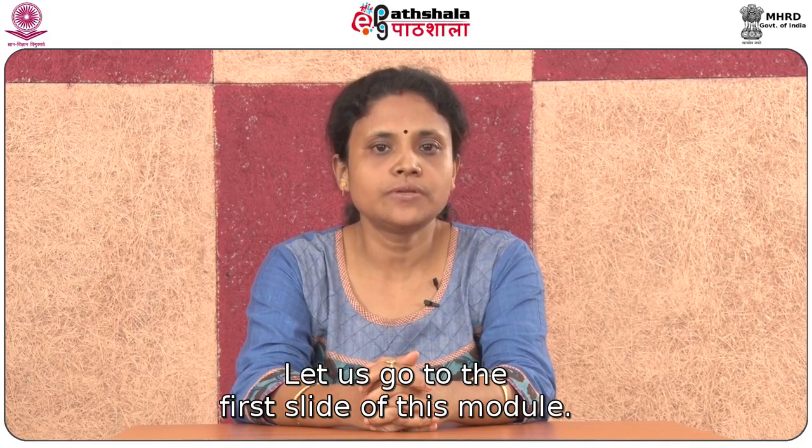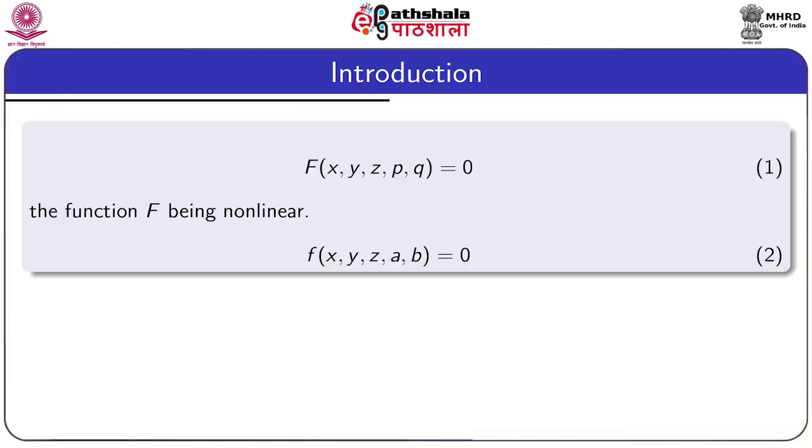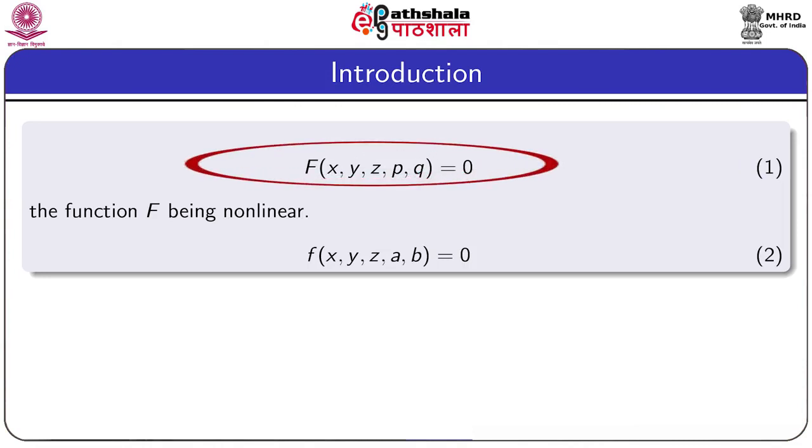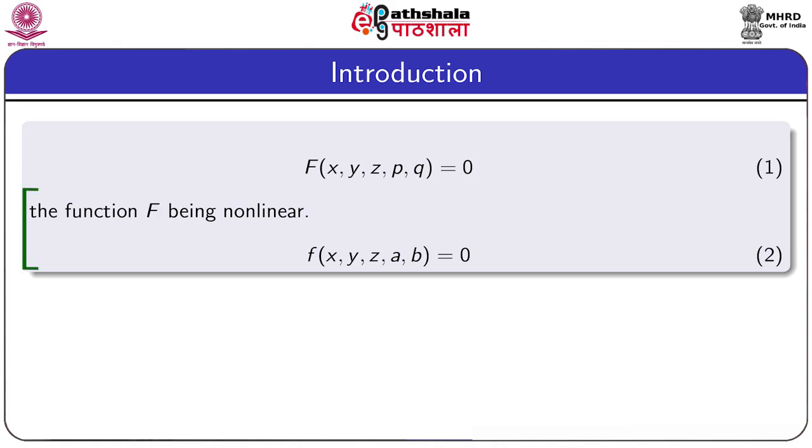So, let us go to the first slide of this module. Suppose a nonlinear partial differential equation is given, which is written in this slide in equation number 1, where capital F is a function of x, y, z, p and q. The small p is del z del x and small q is del z del y, and capital F is a nonlinear function.